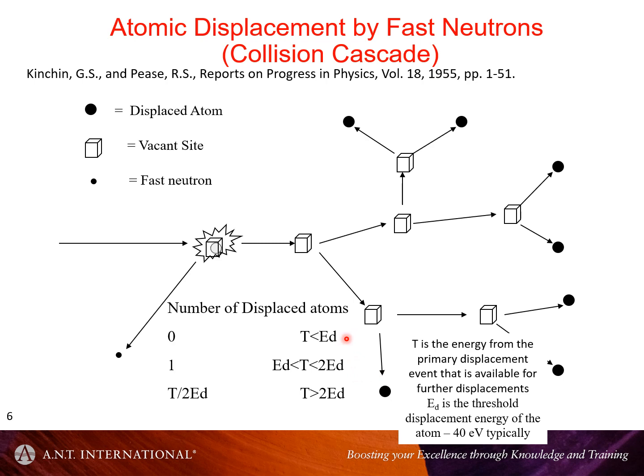So we have these simple expressions for atomic displacements, and there's a limit for the energy of the displaced atoms, which we call T. T in this case is the energy of the primary knock-on atom, but it also applies to the point at which atoms would stop being displaced in a collision cascade.